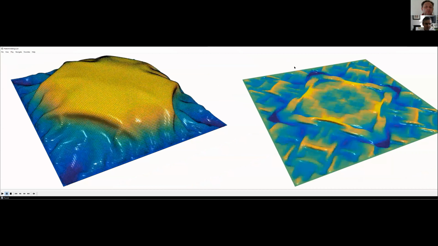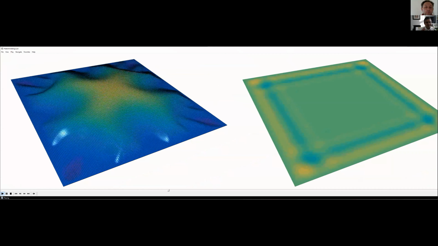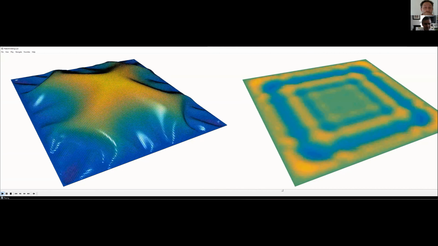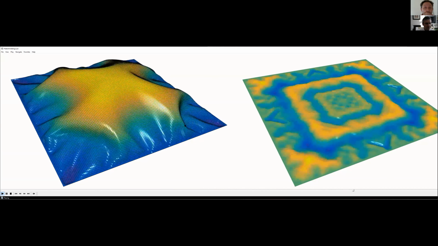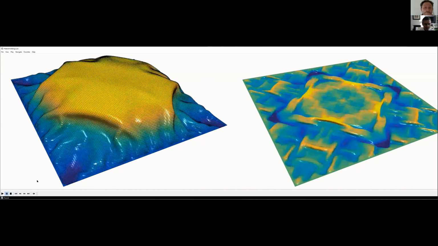So we're plotting pressure. And you can see that you get very spectacular results, because these are materials that potentially can deform a lot. So very quickly you get these massive deformations and wrinkles appearing. So this is one that I wanted to show you.